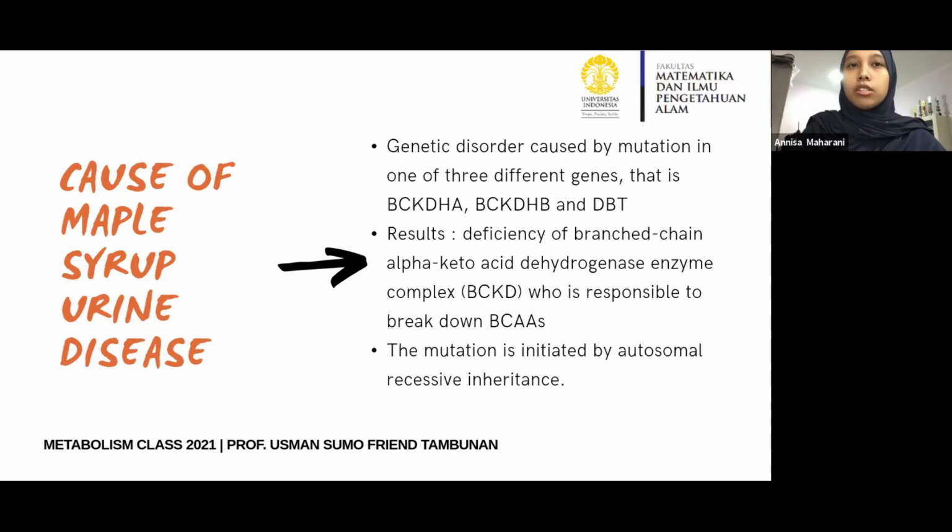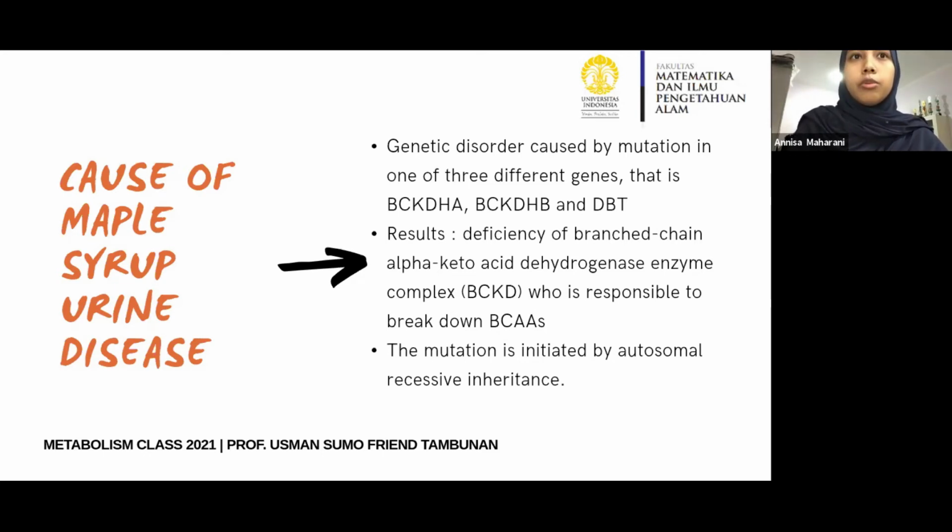Mutation in these genes results in absent or decreased activity of the branched chain alpha-keto acid dehydrogenase complex enzymes, or we can simply wrap it up as a deficiency of the branched chain alpha-keto acid dehydrogenase enzyme complex, which is responsible for breaking down BCAAs. As mentioned earlier, the BCAAs are leucine, isoleucine, and valine.